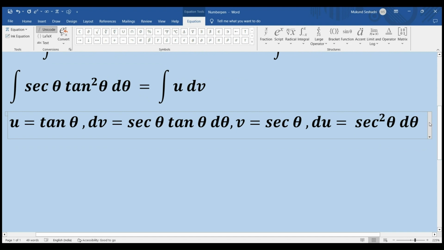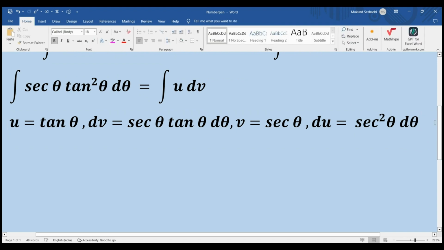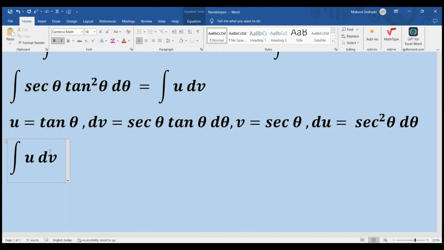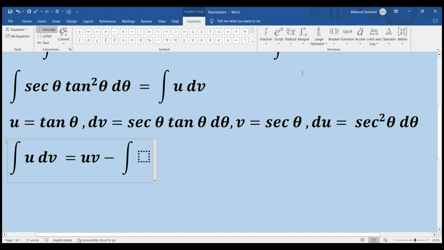I apply integration by parts, right? And what does my integration by parts tell me? My integral of u dv equals uv minus integral of v du, right? So I have my u, I have my v, I have my du, I have my dv as well, right?